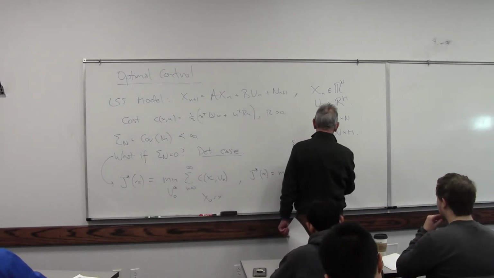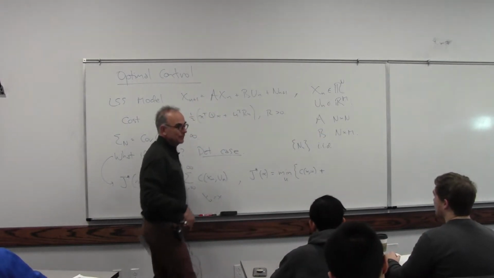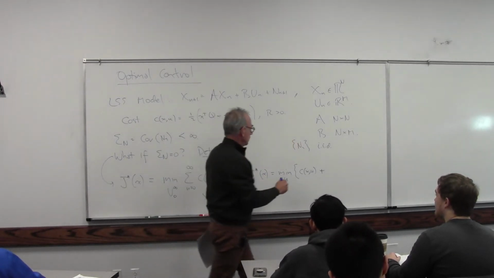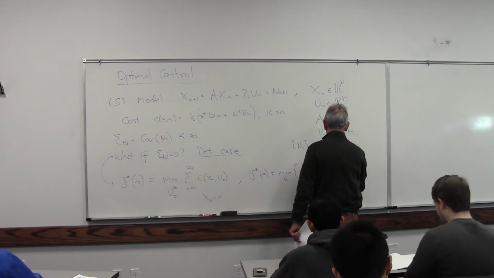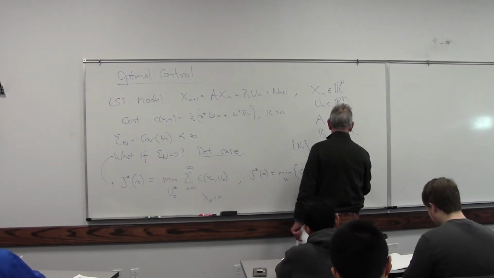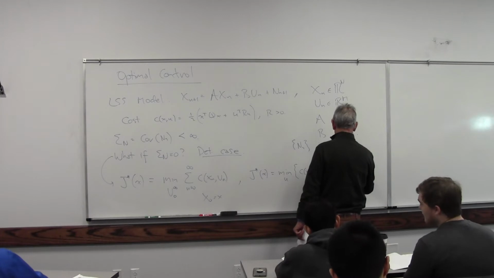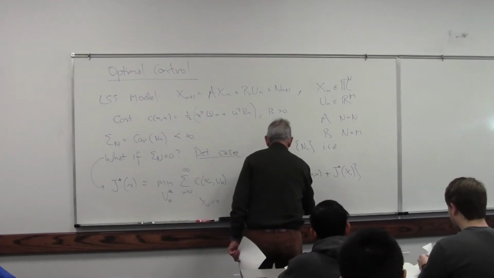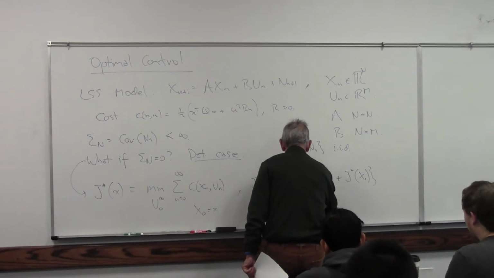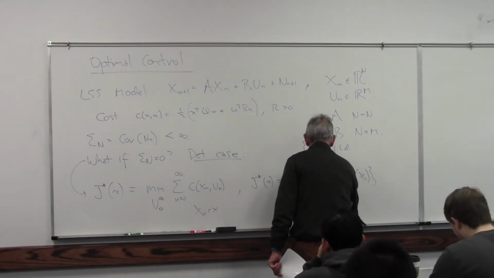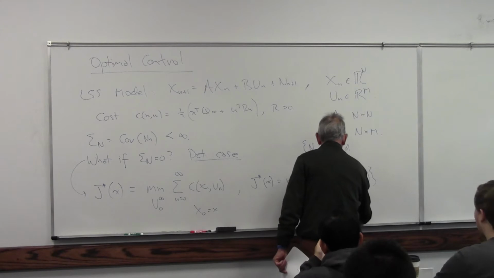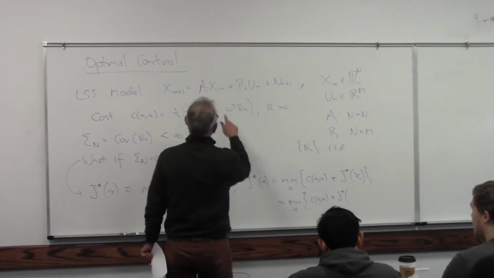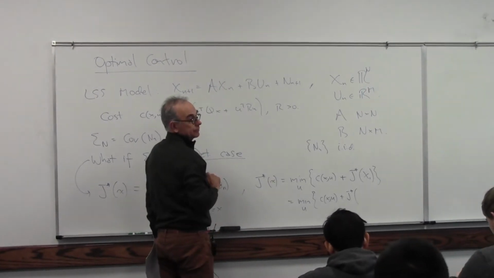And then plus, remember I just took that hop, plus the cost from where I hopped to onwards, which is just J star of x1, right? Let's make this a bit more explicit. x1 is just ax plus bu.